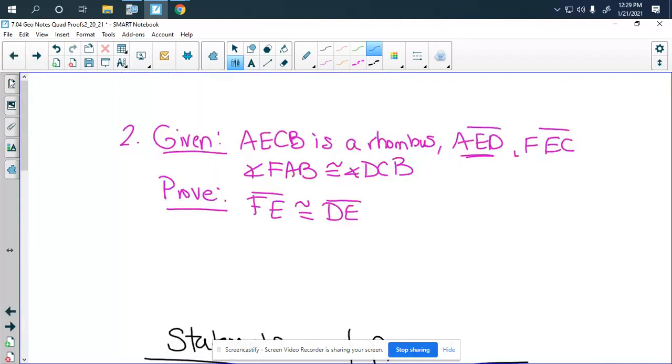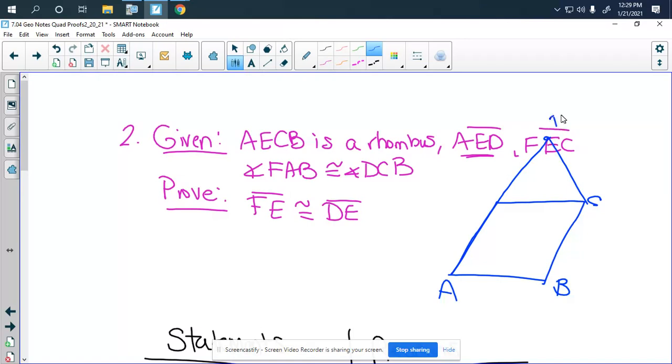All right, let's take a look at another one. So number 2, I'm going to draw your picture here. So we know that AED right here is a segment.